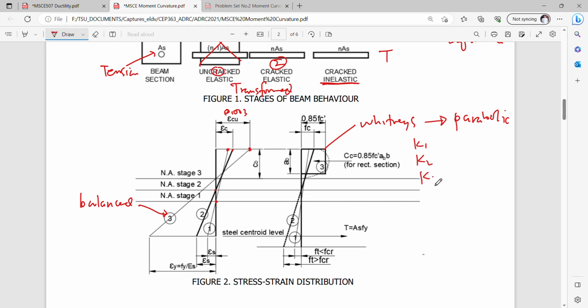Okay, so these are the stress block parameters, which is also defined in terms of the PCA stress block. Okay, so K1, K3 is actually your 0.85 in your Whitney.